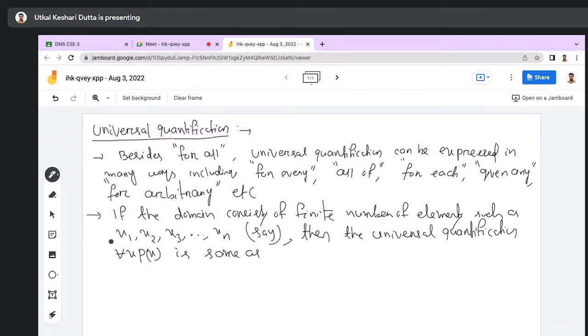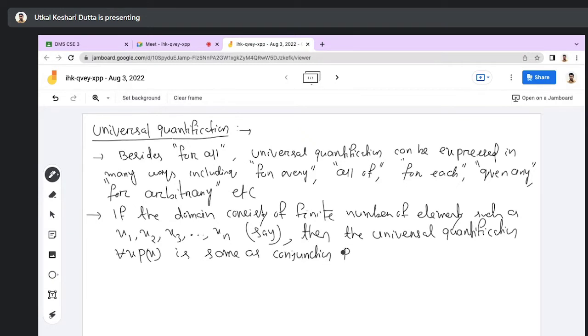The domain contains a finite number of elements. That means x may be x1, x2, x3 up to xn. Then what will be for all x, P(x)? Okay, see. For all x, x may be x1, x2 up to xn. For all means that will be a conjunction.